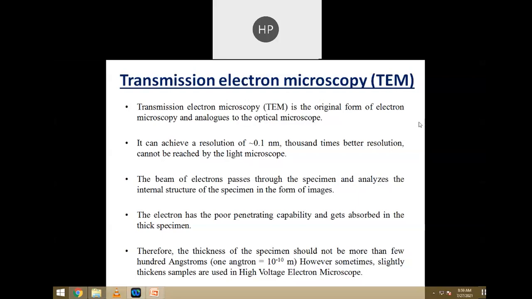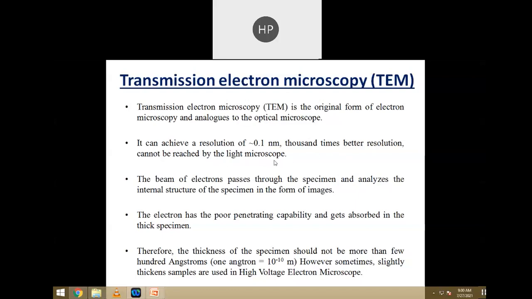It can achieve a resolution of 0.1 nanometer. This is a very fine resolution that we cannot easily see with the naked eye. Such a resolution of 0.1 nanometer can be achieved by the transmission electron microscope, and that is 1,000 times better than what can be reached by the light microscope.